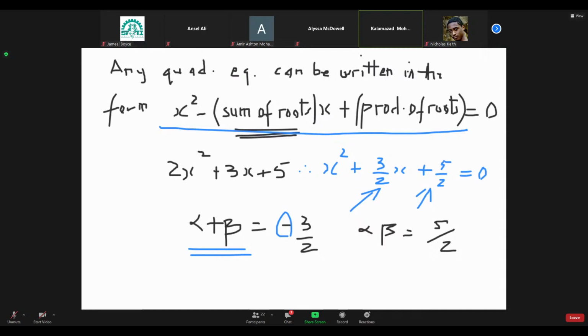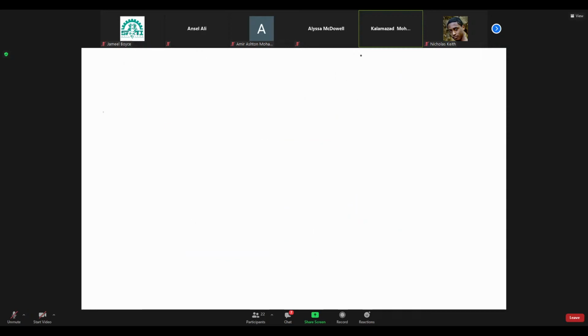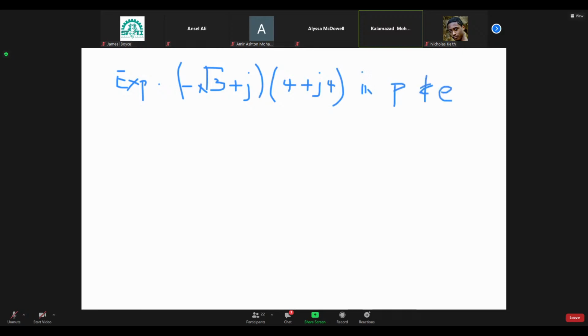All right, so last one. Express minus the square root of 3 plus j, times 4 plus j4, in polar and exponent form.